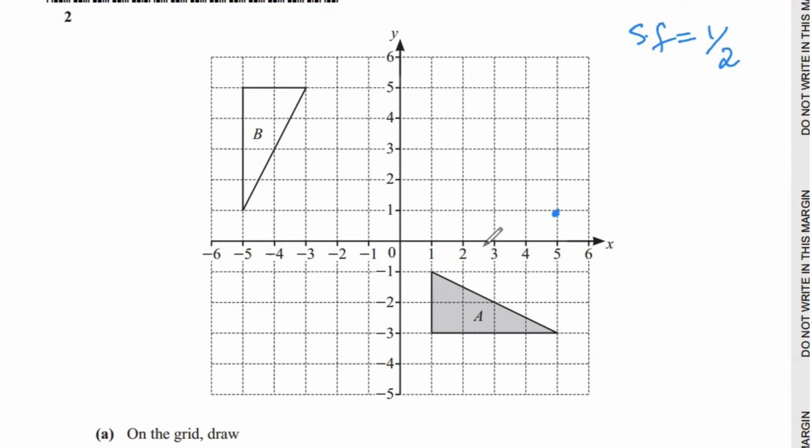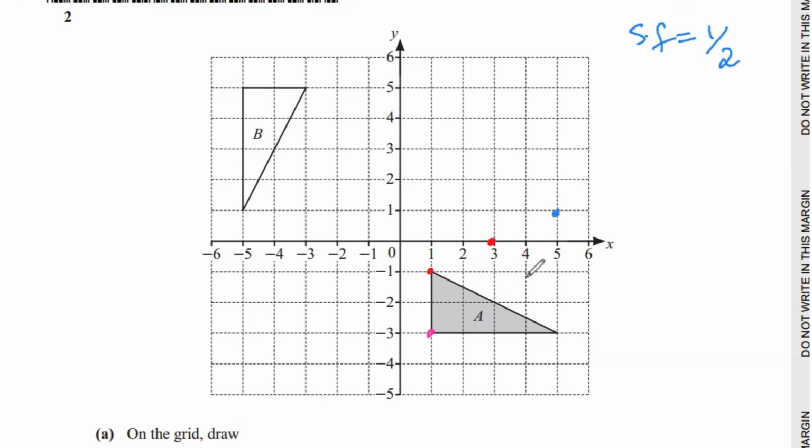So this point is going to come over here. Let me color code this. This point is now this point. Initially, the distance was 4 horizontally and 2 vertically. Since the scale factor is half, it's going to be 2 horizontally and 1 vertically.